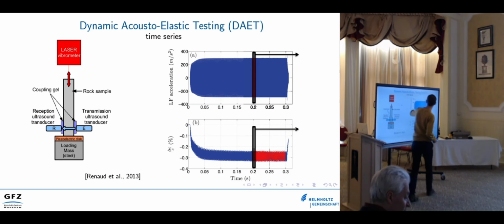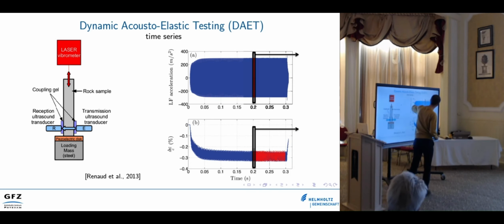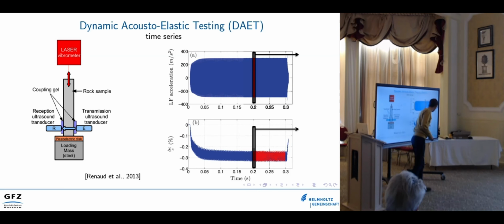Here is the acceleration that is measured on top, which is basically the driving at the resonance frequency of the sample, and here is the velocity that is measured across. There's, of course, some oscillation due to the change of strain, but there's also a decrease of the velocity when the deformation has started, and then when the deformation stops, it increases again.